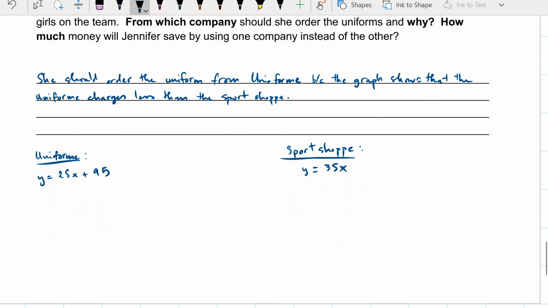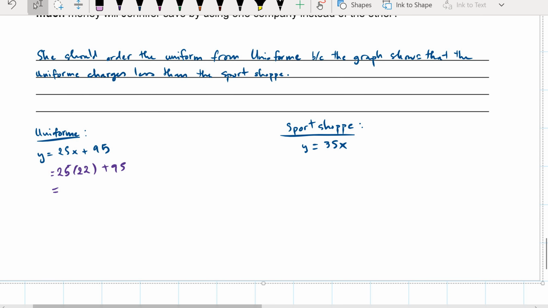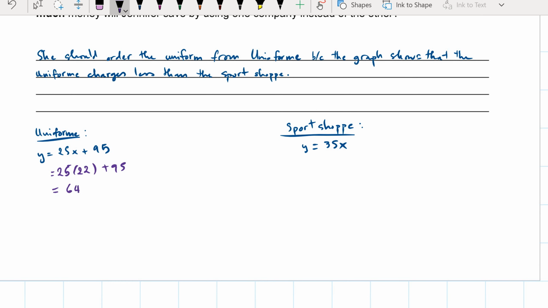So we need to buy 22 uniforms. So 25 times 22 plus 95. The answer will be 645.